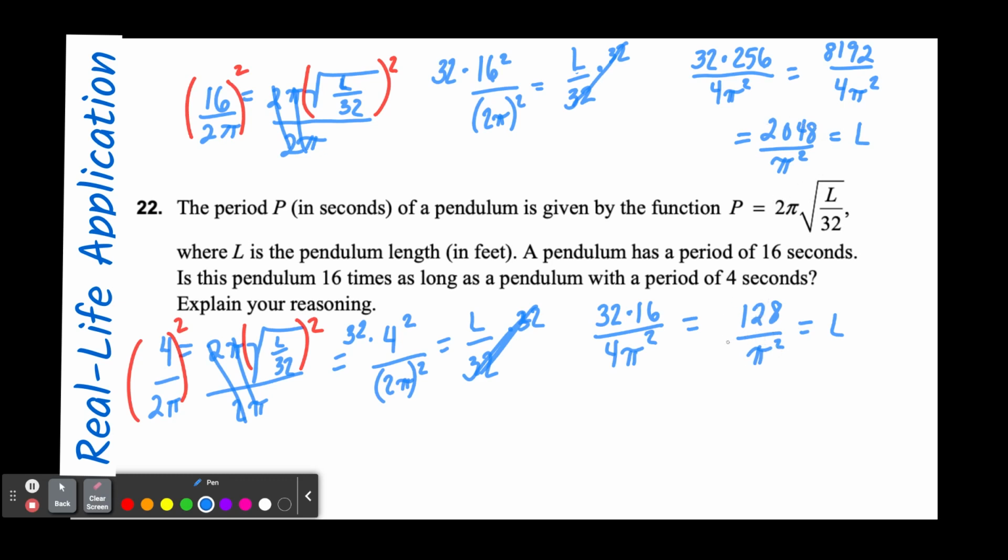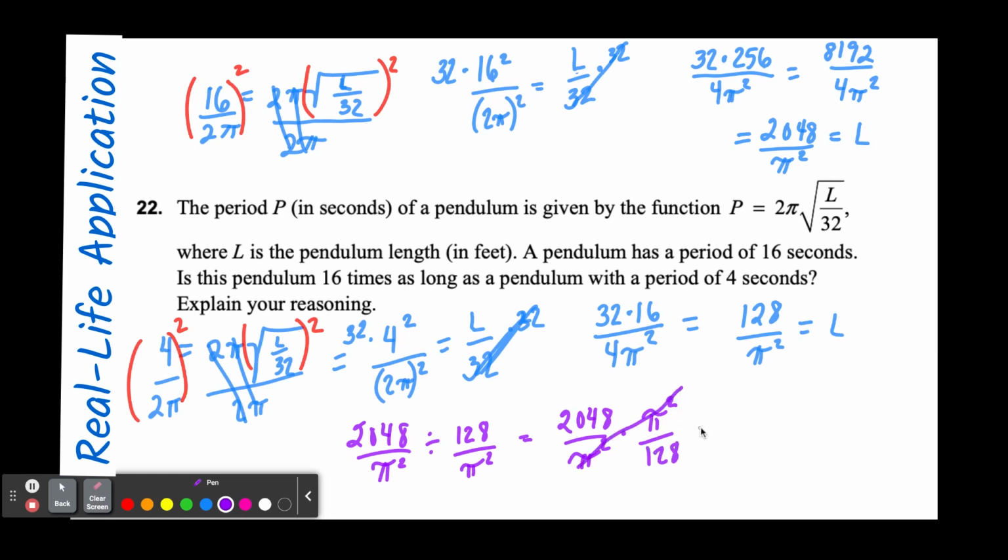Let's do some fancy division here. 2048 divided by 128 equals 2048 times the reciprocal, so that we can cancel out our pi's, cross cancellation.